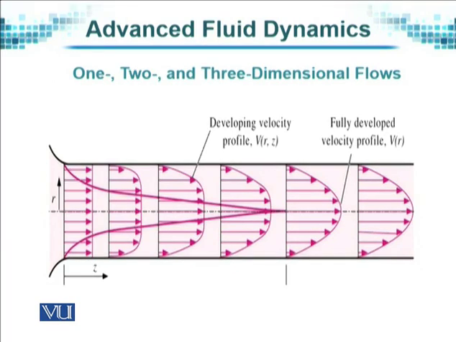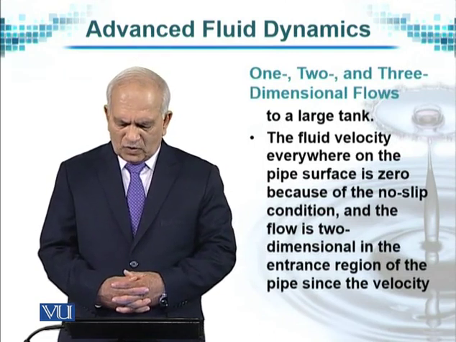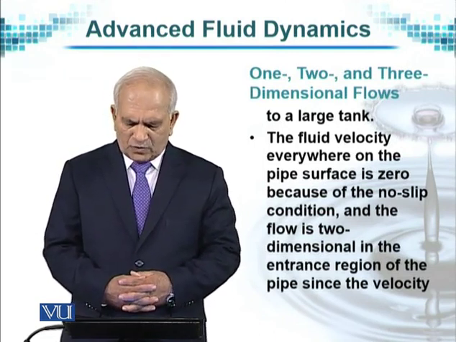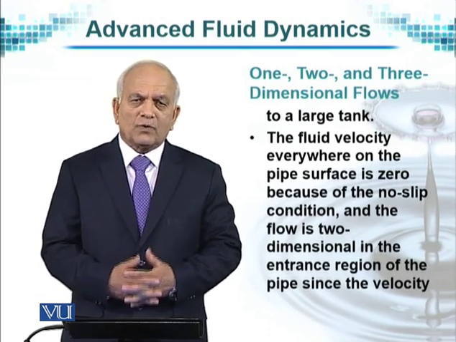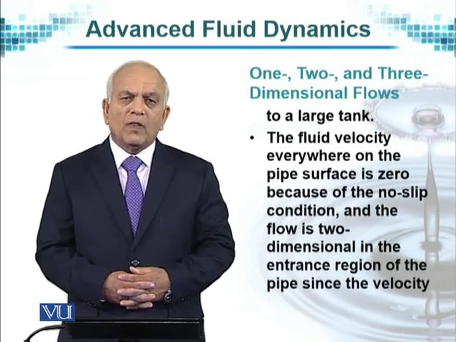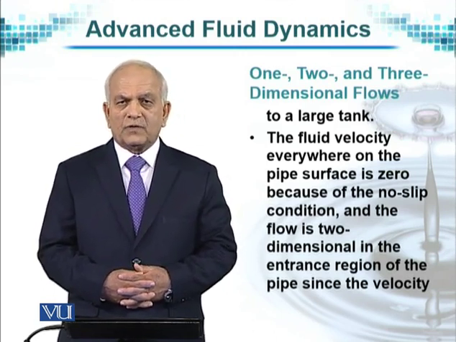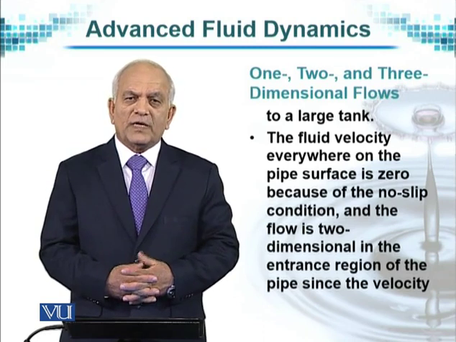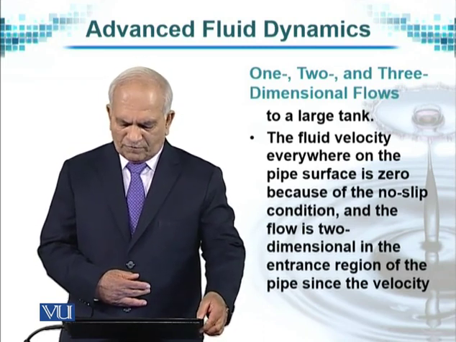The pressure will have different values for different values of z. The fluid velocity everywhere on the pipe surface is 0, as we discussed, because of the no-slip condition. No-slip condition here refers to the viscous effect that exists between fluid and the solid body of the pipe in which the fluid is flowing.